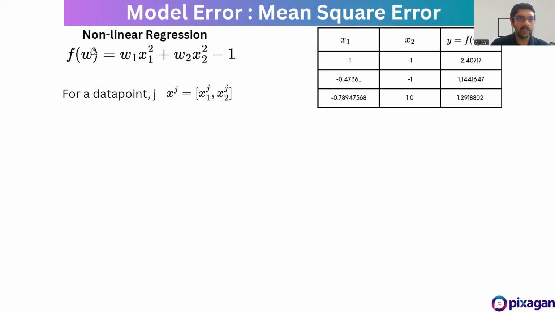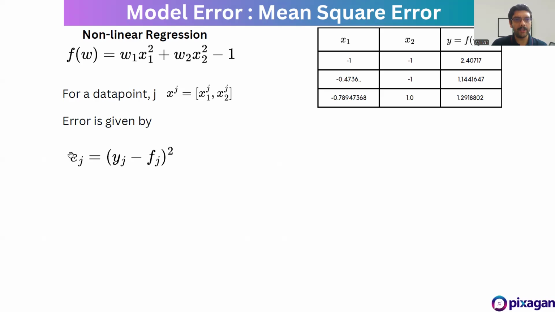And when I say W, I mean the vector W, so it includes W1 and W2. So you get the value that this f predicts given x1 and x2 for a particular W1 and W2. You compare that with what you get here, and the difference is the error. What you want to say is the error needs to be minimized. If possible, the error is 0, in which case the function models the data perfectly.